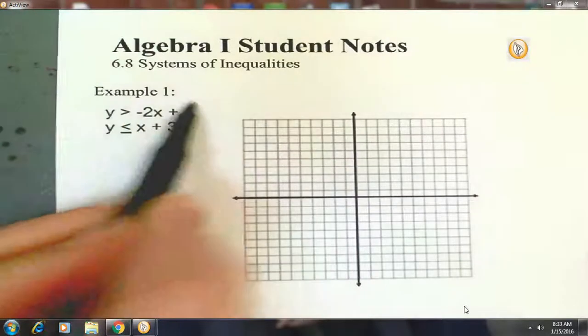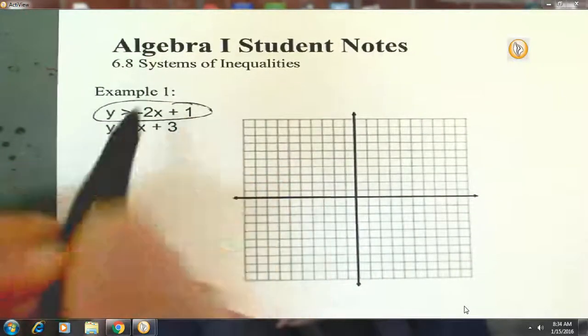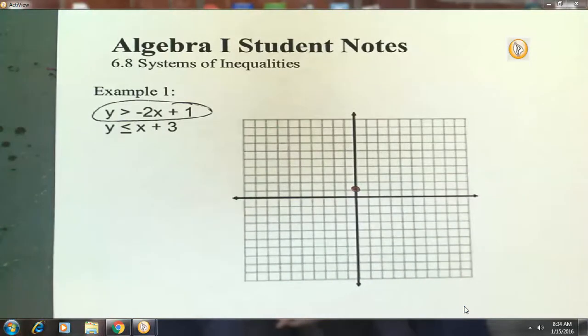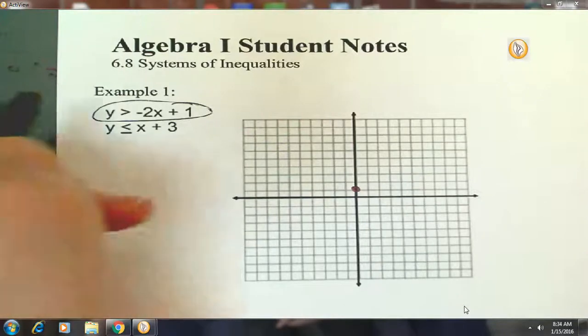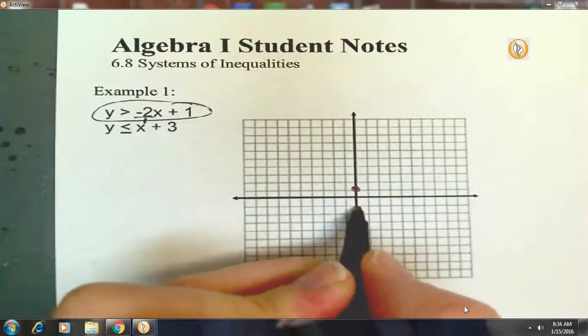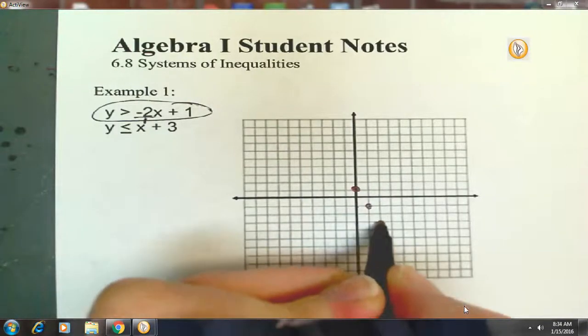The y-intercept is at 1, so please put a dot at 1 on the y-axis. And our slope here is what, Delaney? -2. So I can make that -2/1 to help me graph it. So I'm going to go down 2 and right 1. Down 2 and right 1.